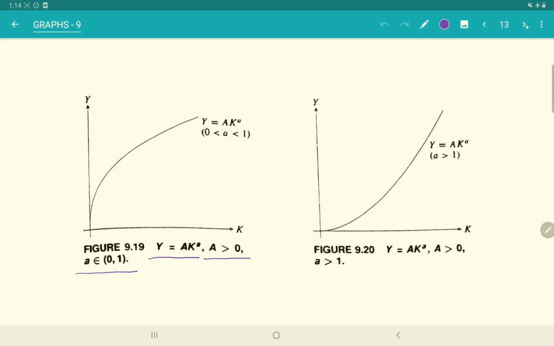That's exactly what we can see here. In figure 9.20, capital A is greater than 0, little a is greater than 1, and you see that the function is convex.